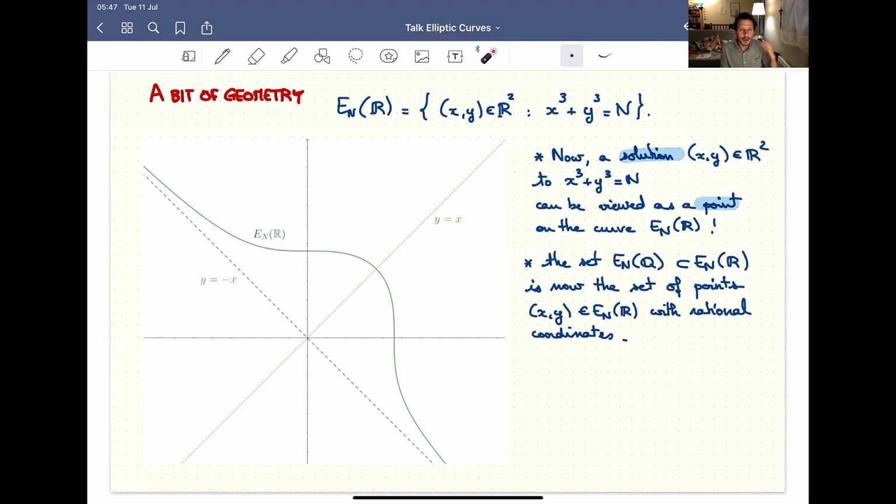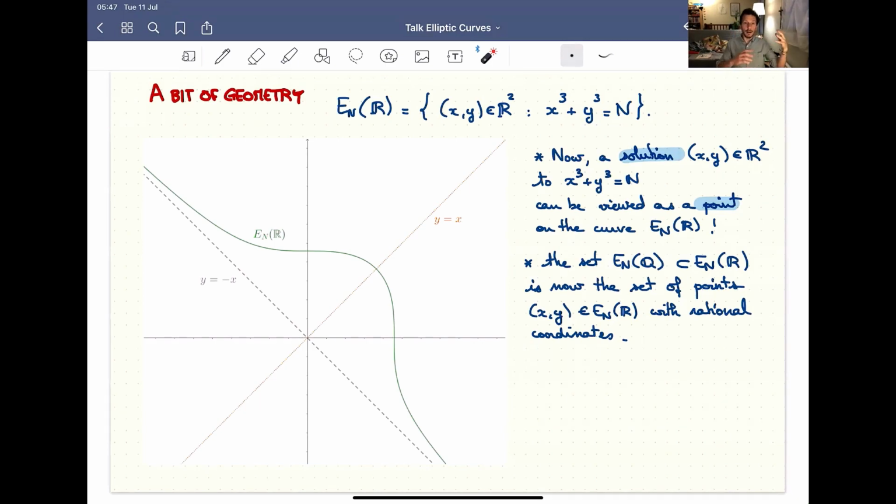E_n(R) is this set of solutions x and y, with real numbers x and y, whose cubes sum to n. A point on the curve corresponds to its coordinates x, y, and the coordinates x and y are a solution to our problem.